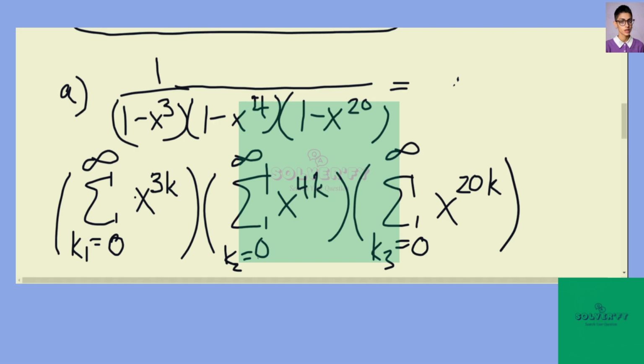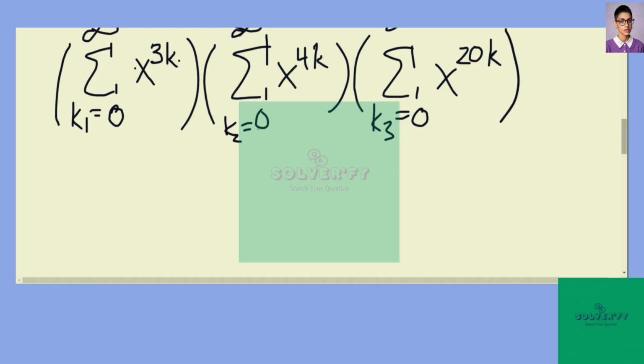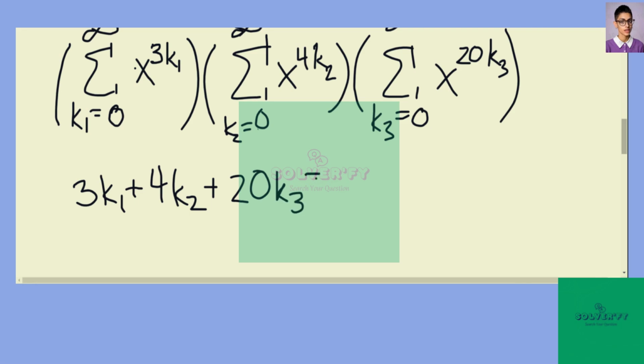Since we're looking for 46 cents, we're looking for k1s, k2s, and k3s such that 3k1 plus 4k2 plus 20k3 is equal to 46.